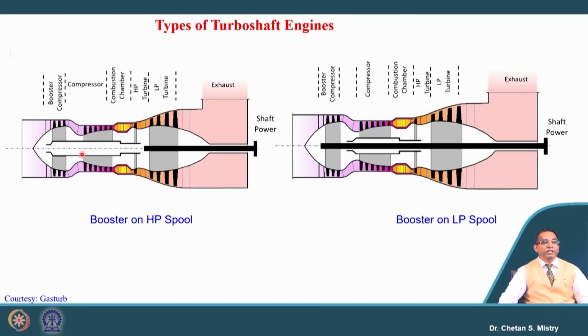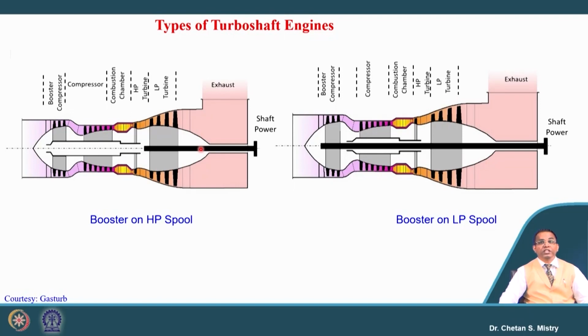Here, the HP turbine is used to rotate both compressor stages, and our LP turbine is connected with the shaft. So, this is a two spool configuration: one spool is dedicatedly connected with the gas turbine, and the other spool is connected with the shaft.